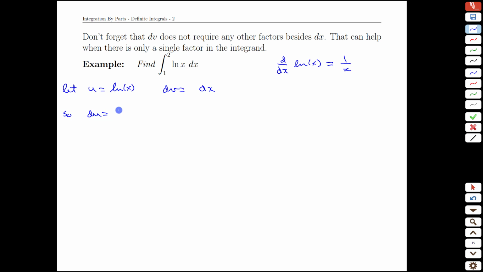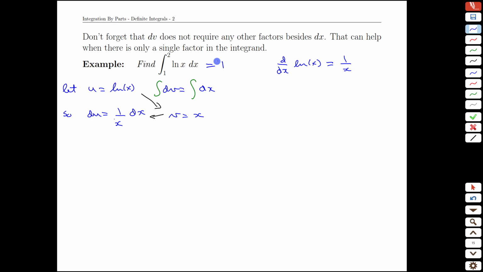So our derivative of ln of x is 1 over x. So we get du is 1 over x dx. When we integrate this other part, there's no problem. We're going to get v, and the integral of 1 dx is just x. Put our little mnemonic arrows here.